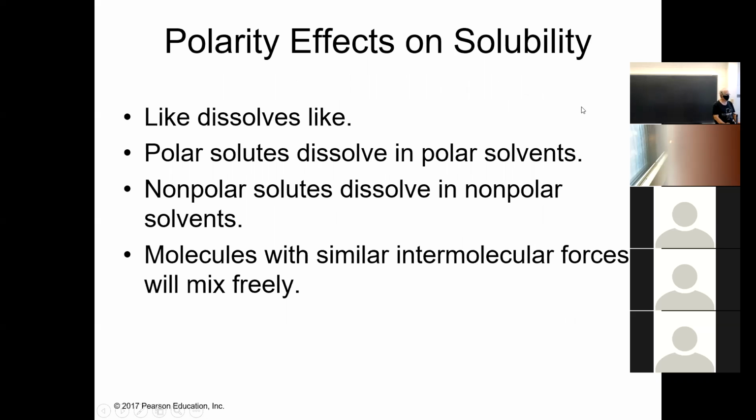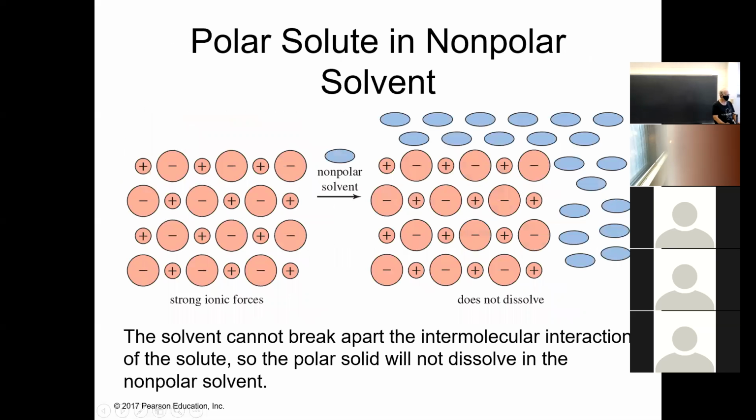Okay, I'll just briefly mention, we went over this last time. Like dissolves like, polar solutes dissolve in polar solvents, nonpolar solutes dissolve in nonpolar solvents. For a polar solute in a nonpolar solvent, the attraction between, in this case, ions is much stronger than anything we would get between an ion and a nonpolar molecule.